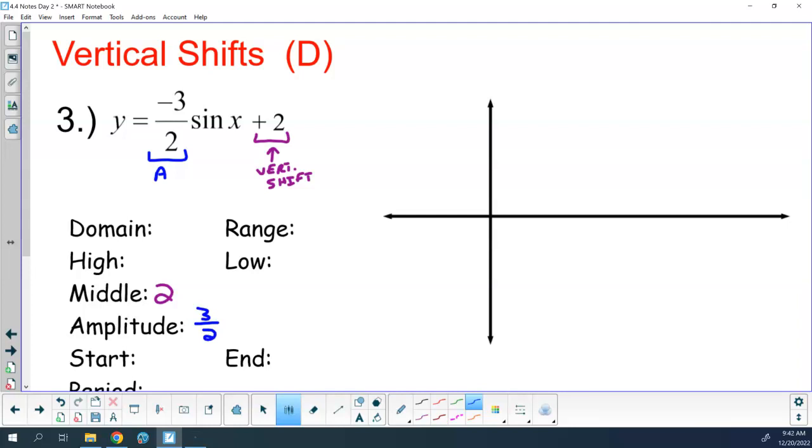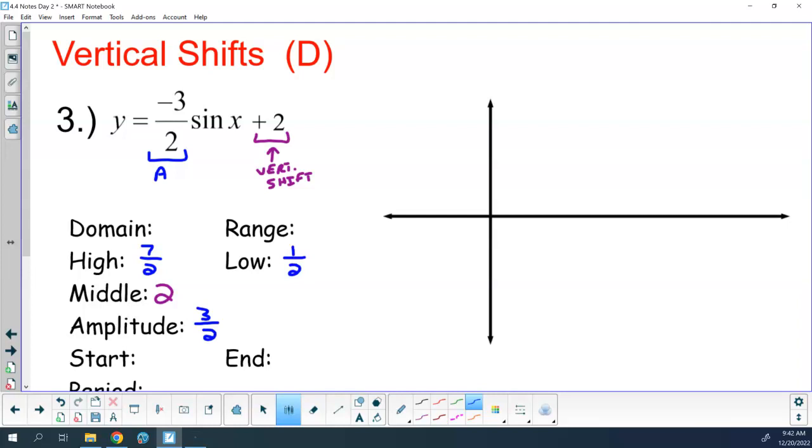So 2 plus 3/2 is like 7/2, right? Because 2 is 4/2. So my high is going to be 7/2. 2 minus 3/2 is going to be like 1/2.